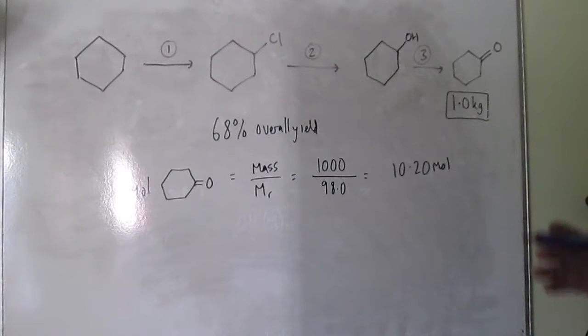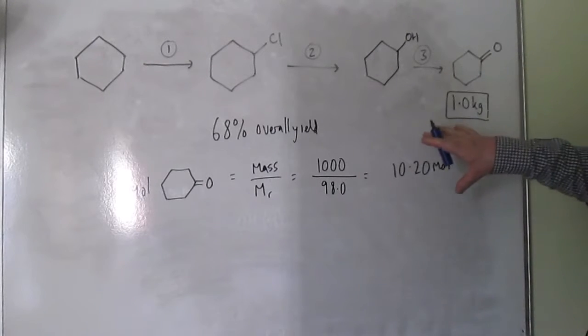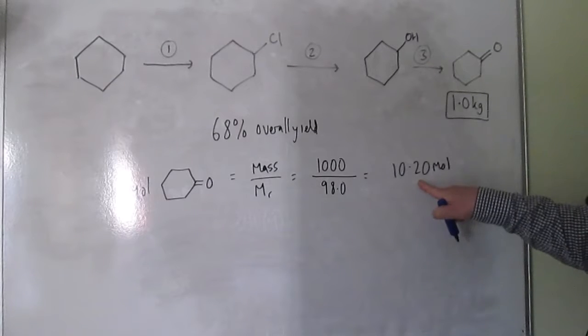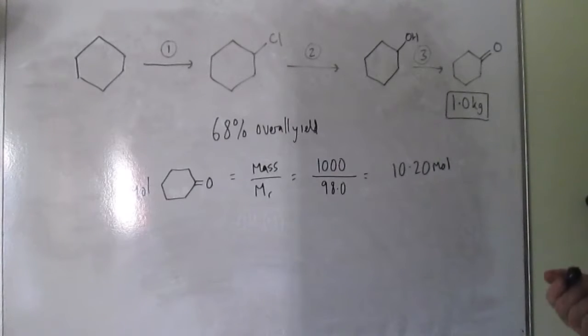So then it's saying, okay, that represents 68% of what we could have got if the reaction had gone perfectly. So the next job is to say, well, if 10.20 is 68%, what's 100%?